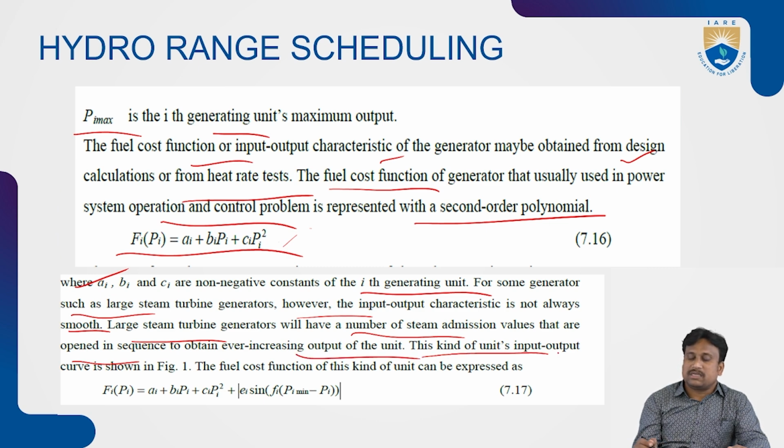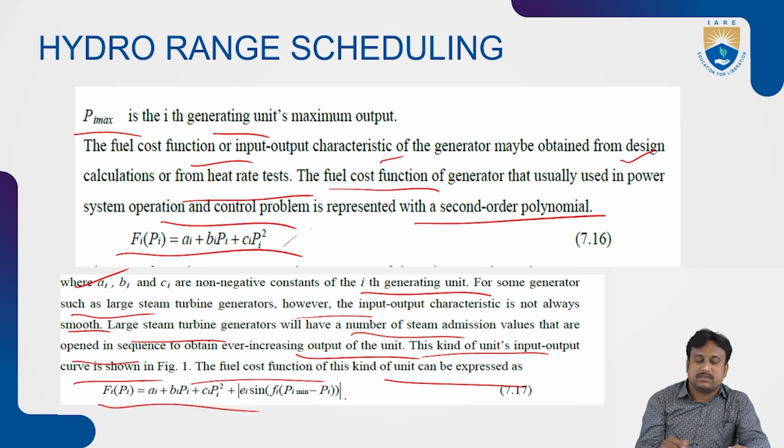The input-output curves of this kind of unit are represented as we already saw. The fuel cost function of this kind of unit can be expressed as Fi of Pi equals Ai plus Bi Pi plus Ci Pi squared plus Ei times sine of Fi times Pi minimum minus Pi.